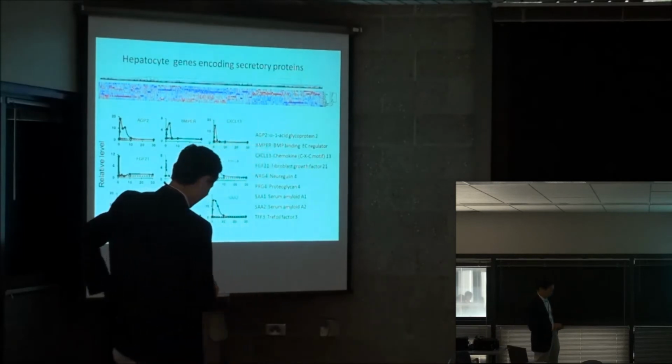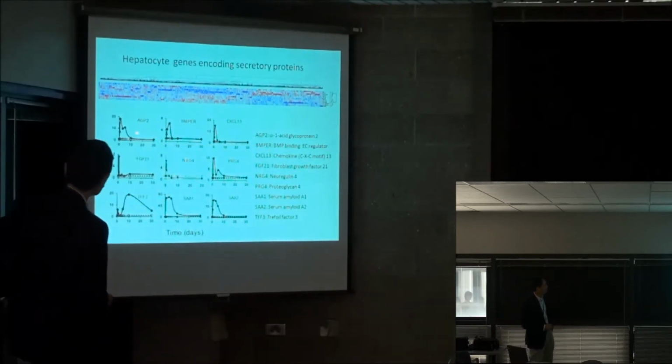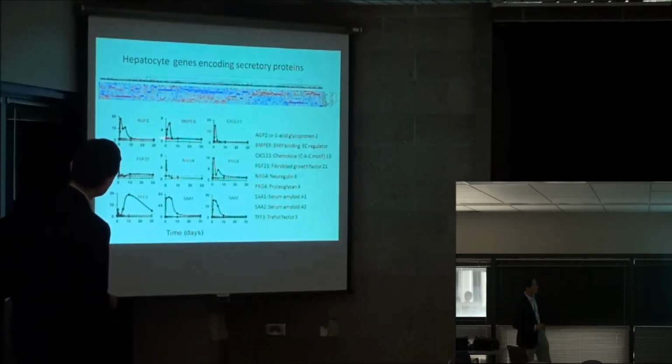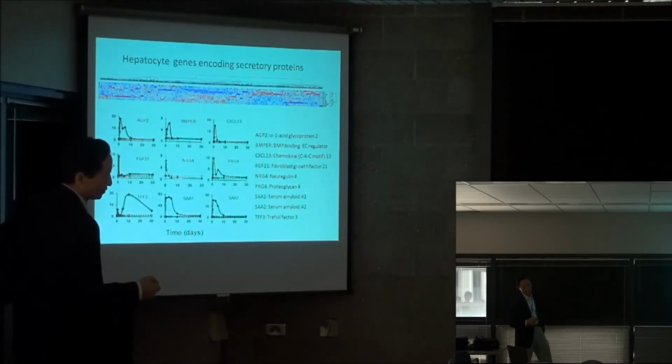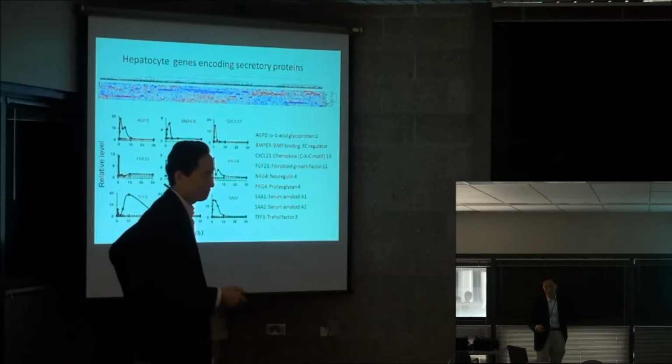So in terms of time, you can say for most secreted protein genes here, the peak was at about 1 day, and some at about half a day, like FGF21. Others at 10 days. So different times reflect different functions.